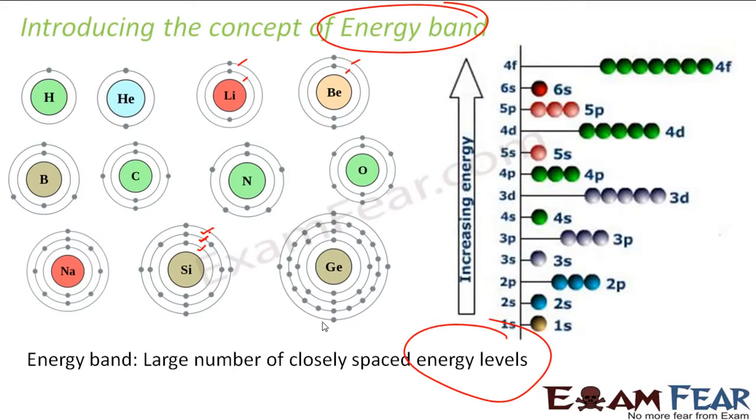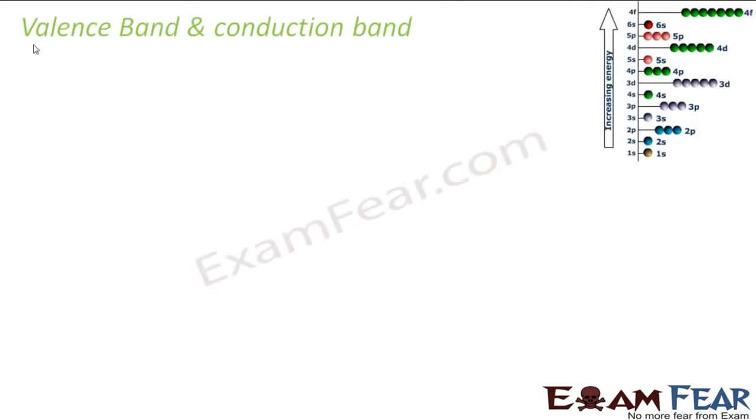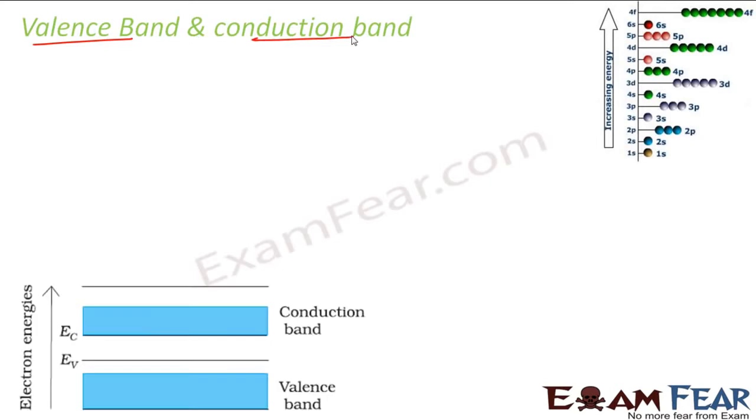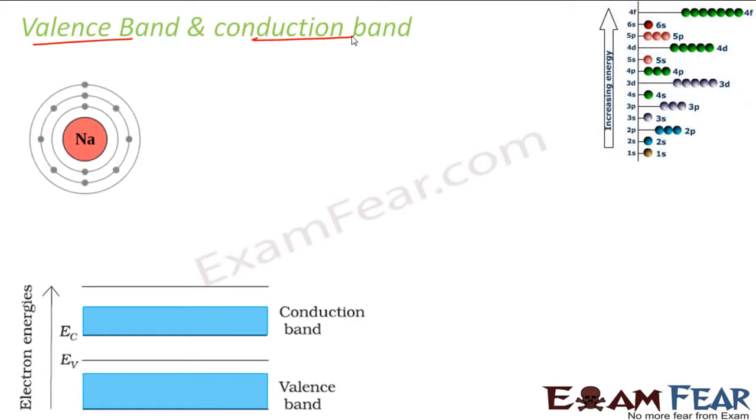Now we know what an energy band is. We have something called the valence band and the conduction band. There are two different types of energy band itself. What is the valence band? The valence band is the band in which you have the valence electron.